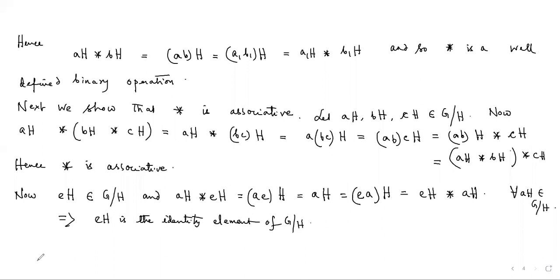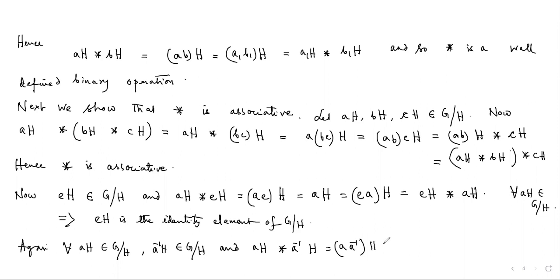Again, for all AH belonging to G/H, A inverse H also will belong to G/H, and AH star A inverse H can be written as A A inverse H, which is equal to EH, can be written as A inverse A into H, and that is A inverse H star AH.